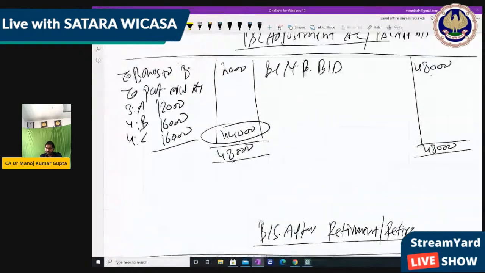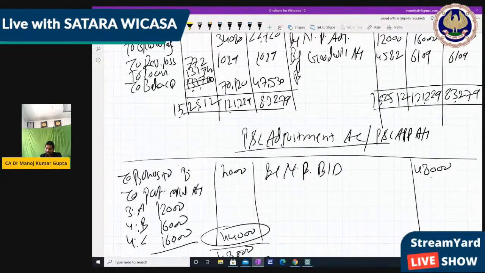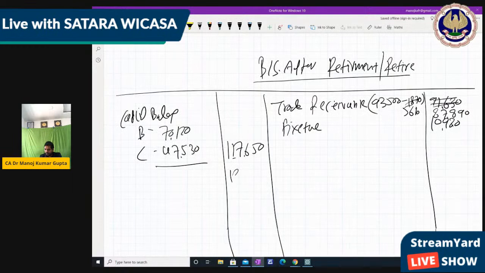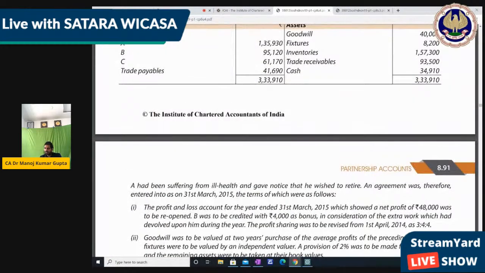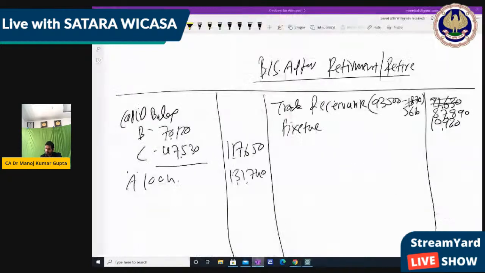Okay, and A's loan 131,740. The remaining items remain the same as in the balance sheet. Goodwill is no more. Inventory 157,300.